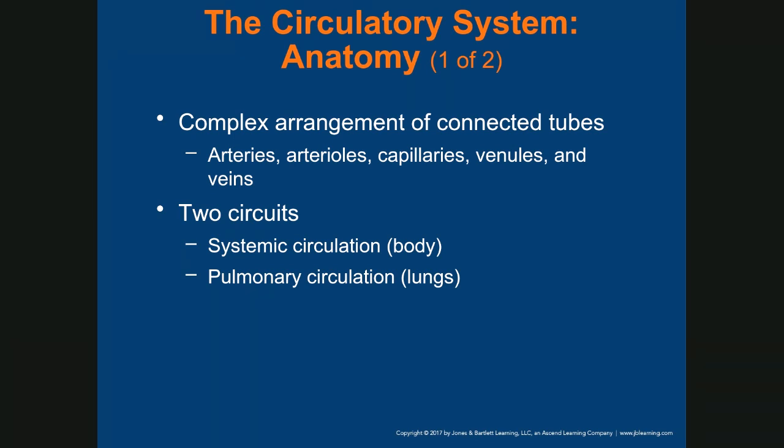Arteries primarily carry oxygenated blood, with the exception of the pulmonary arteries, which carry deoxygenated blood from the heart to the lungs. So that's the arteries. Then we have the veins, right?